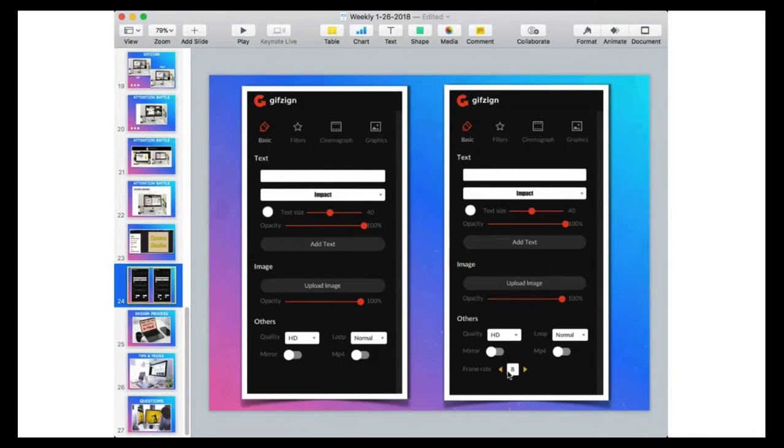Okay? I know that people get confused about this, and so I wanted to remind you, when we open up the screen in a minute, you're going to see two different windows. One has frame rate down here at the bottom, and the other one does not. This is when you have loaded a GIF or a video.